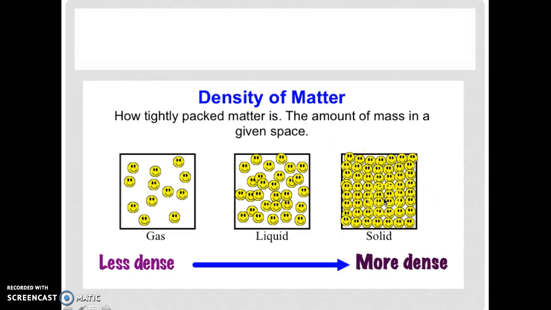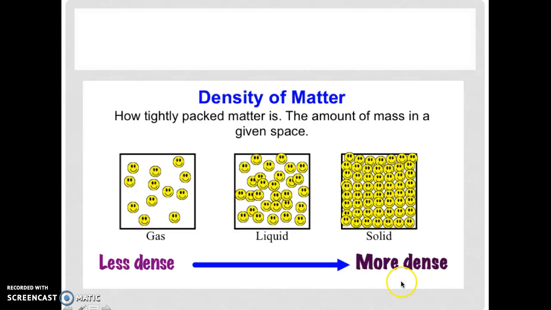the three pictures. In the first one, they are gases, very loosely packed, and in the liquid they are a little more densely packed, and here they are very tightly and densely packed. That's why it's a solid. They have very little space to move, whereas gases have a lot of space, which means they are less dense.